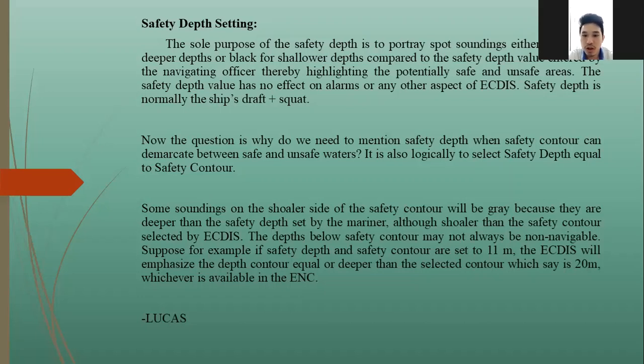Although shoaler than the safety contour selected by ECDIS, the depth below the safety contour may not always be non-navigable. Suppose, for example, the safety depth and safety contour are set to 11 meters. ECDIS will emphasize the depth contour equal or deeper than the selected contour, which say is 20 meters, whichever is available in the ENC.